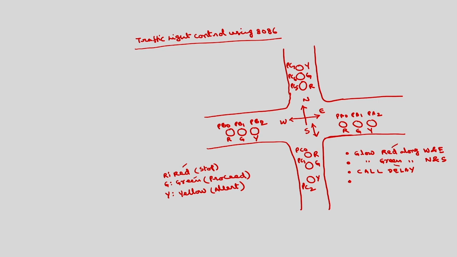Before that, I will place yellow along all the 4 directions, west, east, north and south, so that people will be alerted. The people who are moving from north to south and south to north will be alerted that they are going to be stopped, and the people who want to move from west to east or east to west will be alerted to proceed. Okay. Again you call a delay.